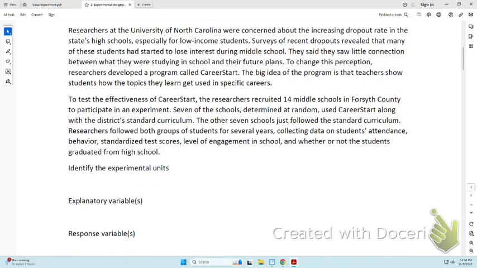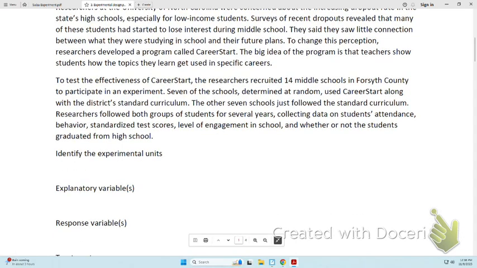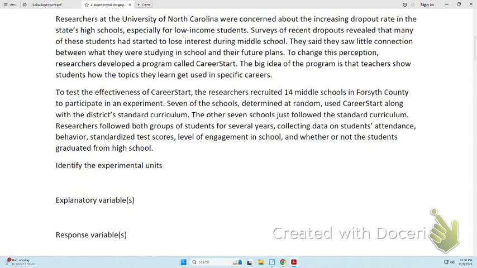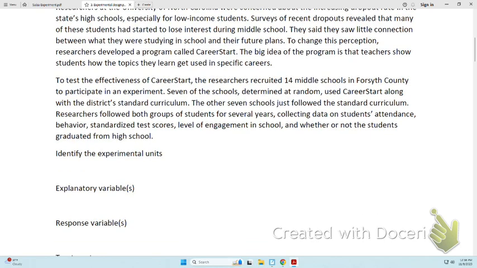We have the study in North Carolina. Can't quite get the entire thing. So we'll read it for a second and then scroll down, maybe hit pause and skim it. All right. They are concerned about dropout rate for students in North Carolina.